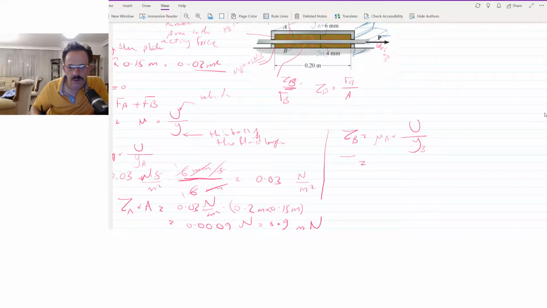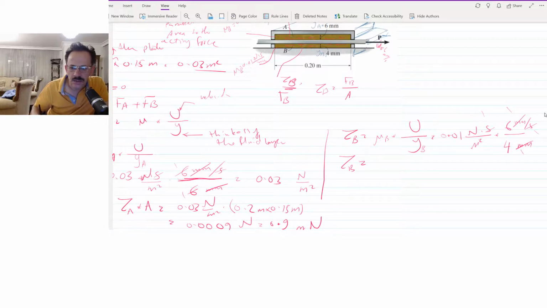Now this will become viscosity of B, which is 0.01 Newton second per meter square, times U, the velocity of the plate, which is 6 millimeter per second, divided by the depth of layer B. Here we have 4 millimeter. So again, we don't need to change anything.